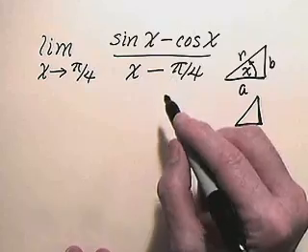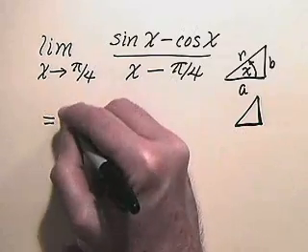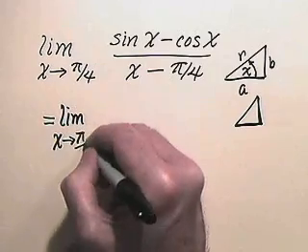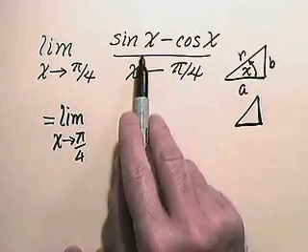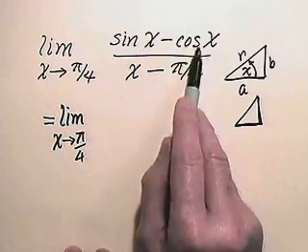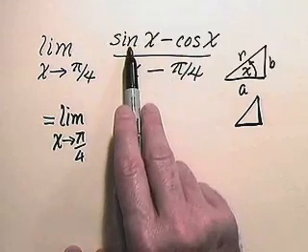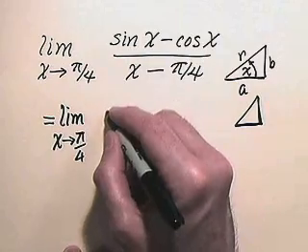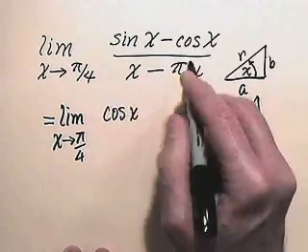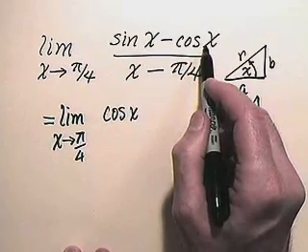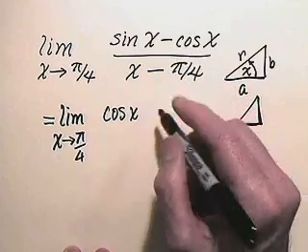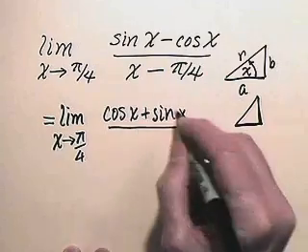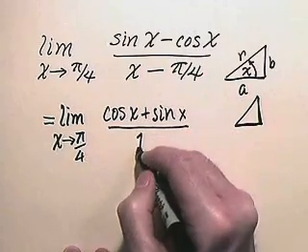So now what we want to do then is apply L'Hopital's rule. That's the limit as x approaches pi over 4 of what I get by differentiating both the numerator and the denominator separately. Derivative of the numerator, derivative of sine is cosine. Derivative of cosine is negative sine, so we have negative sine, which is positive sine, all divided by 1.